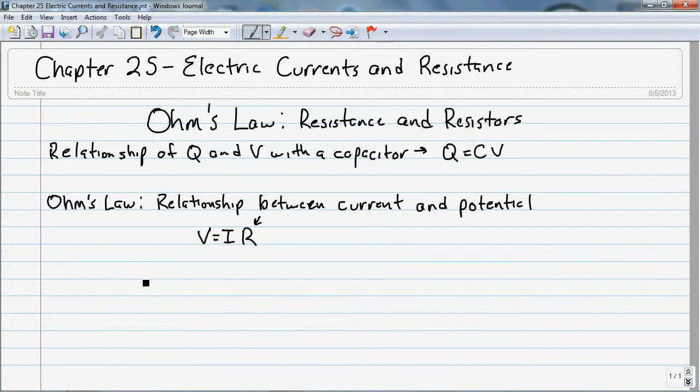So let's draw a symbol. And the best way to draw a symbol that looks like a resistance is to draw a squiggly line here. And this is our resistor R. And we have a current I. Now there is a proper terminology, and I'm going to put this here so you can see what I'm doing.